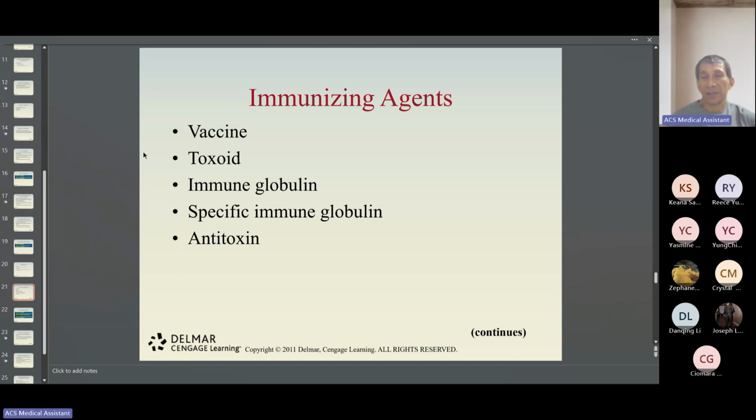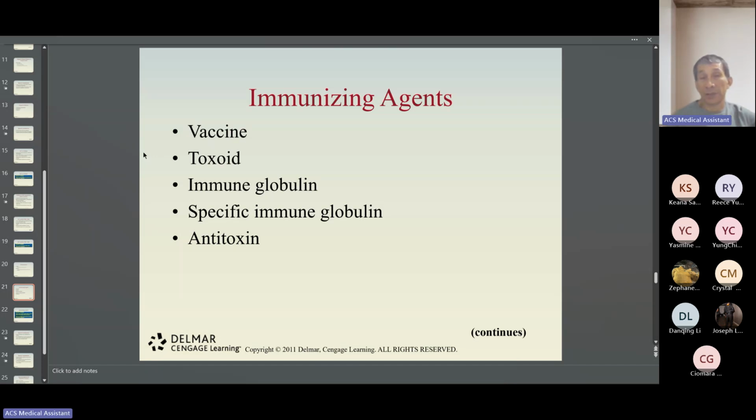But just vaccines, because that is an active way of immunizing or preparing the person to combat these microorganisms, particularly viral. Remember, vaccines are only for viral infections.